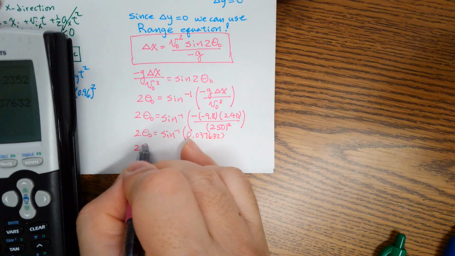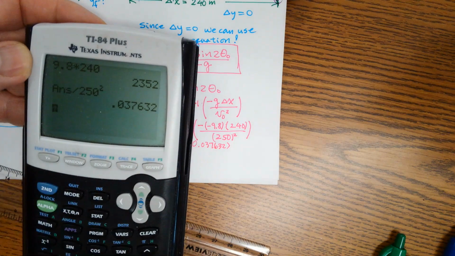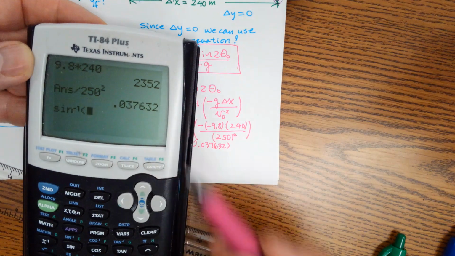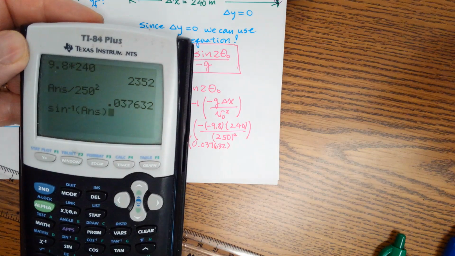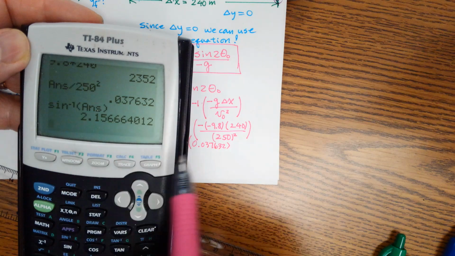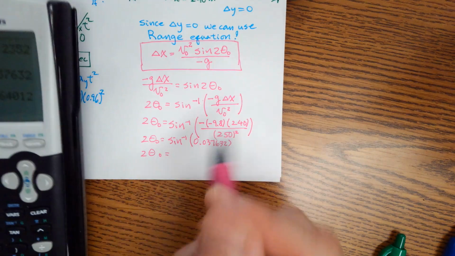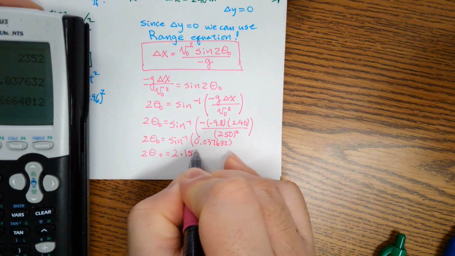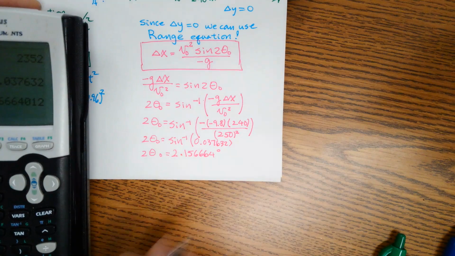So what is 2 theta? 2 theta is equal to sine inverse of this mess right here, 0.037632, right? Which is the answer. That gives me 2.15666. Oh, 666. Bad omen. So I get 2.15664 degrees.